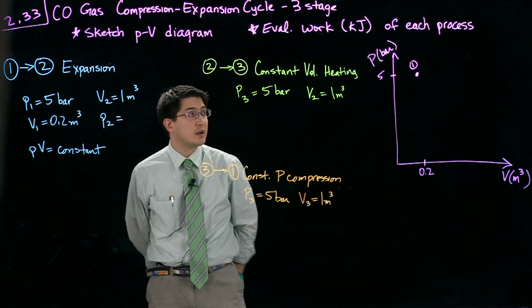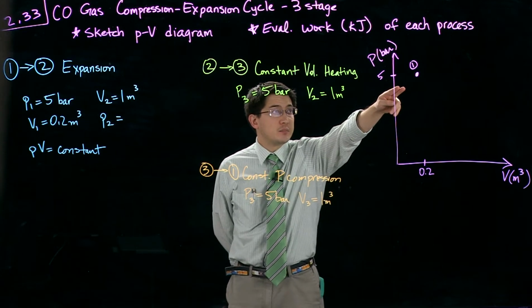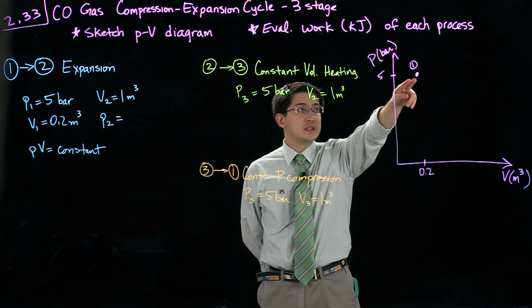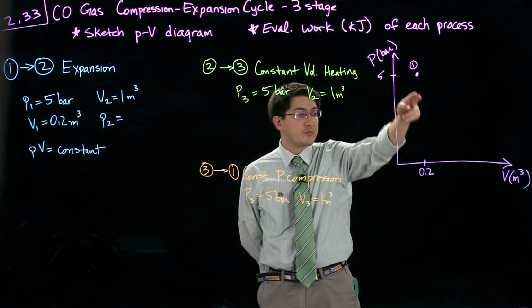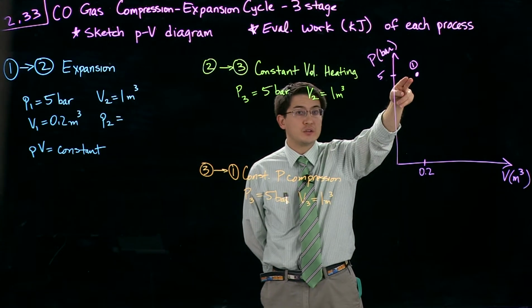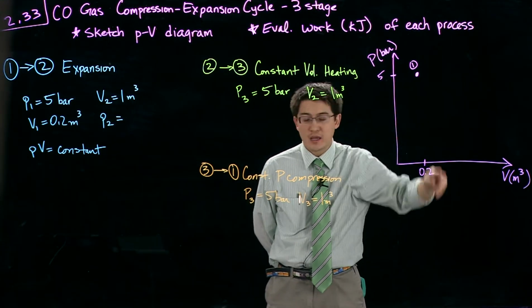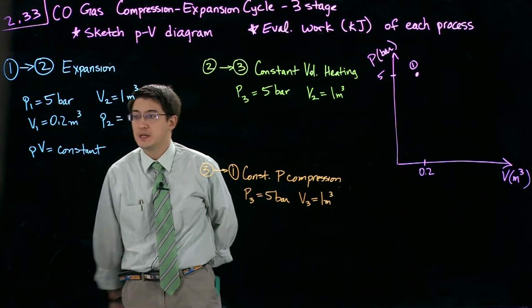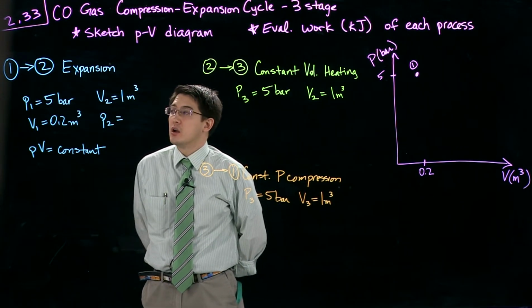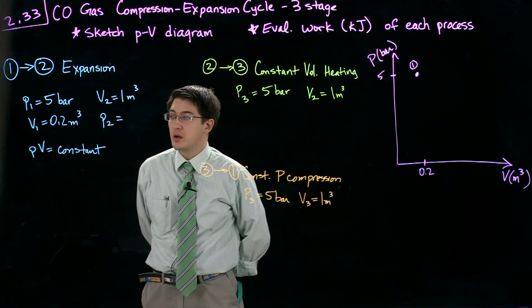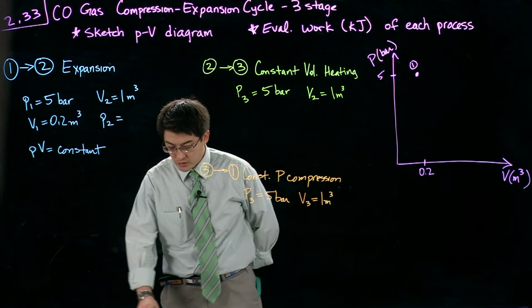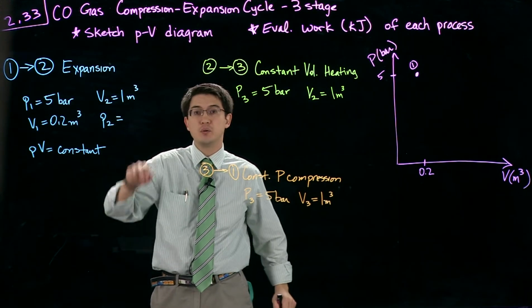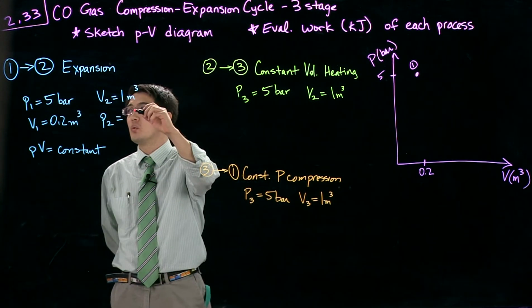I've already started to fill in the PV diagram. We know the conditions at state 1, 5 bar, 0.2 cubic meter, so that's filled in. As we know more, we'll fill this in. So let's start over here. We know that PV equals a constant for this process. So P1 V1 equals P2 V2, and we can find P2.